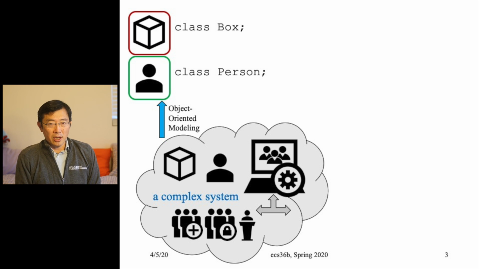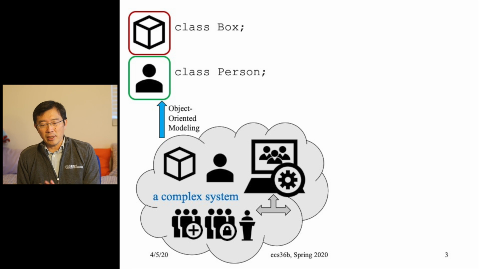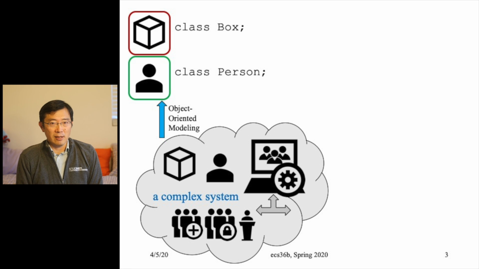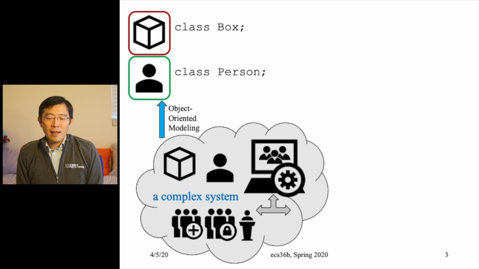For example, here we see that within this large complex system, we need to model a concept called box. Just like in chapter 11, we look at a variety of boxes. We also want to model another class called person. In this slide, we started with these two particular classes.